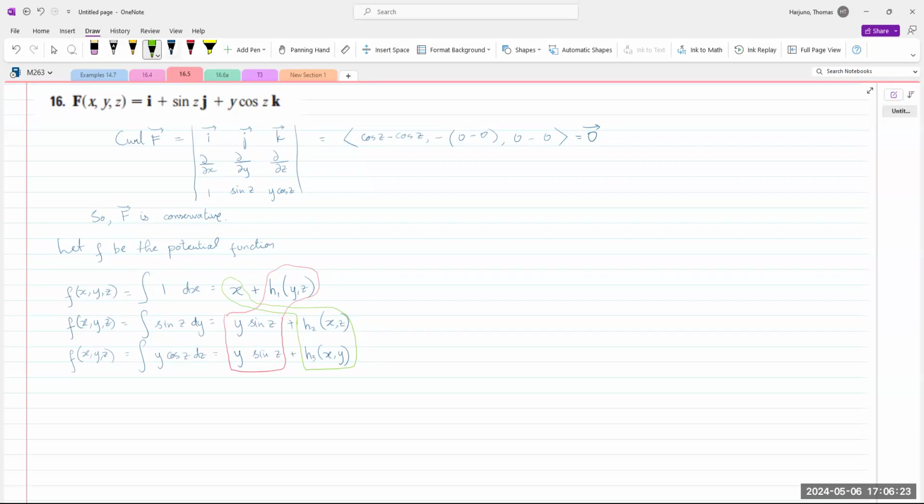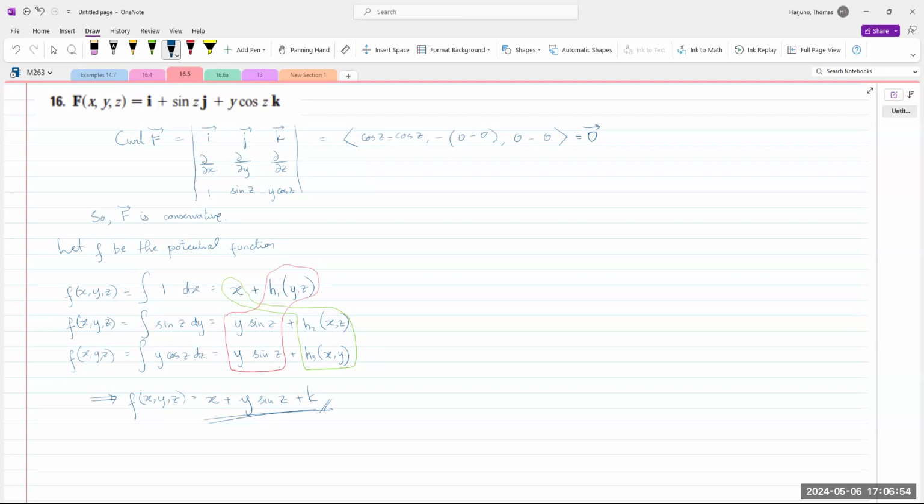So consequently, the potential function f(x,y,z) must be x plus y sine z plus constant. Always don't forget to add the constant. That's a simplified method in which you need to do some matching.